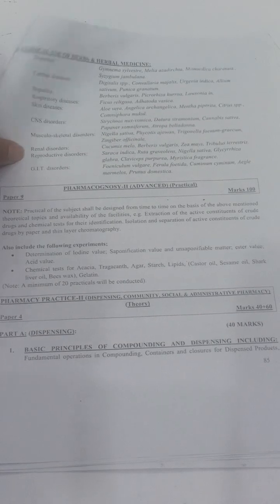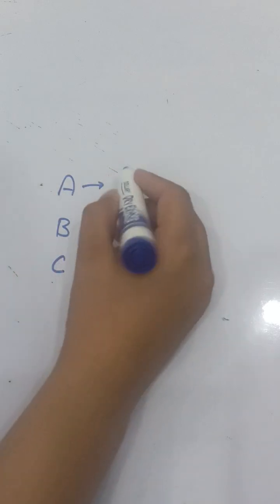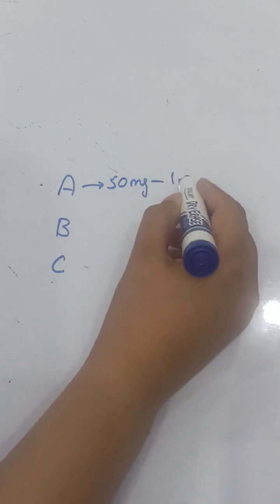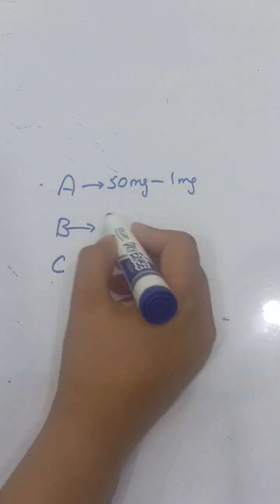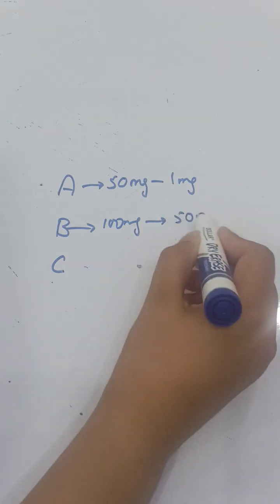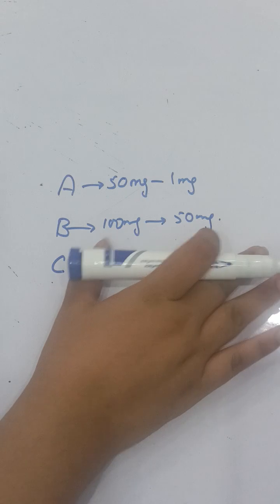So I think I should write it here. We have three classes of weighing balance: class A, class B, and class C. Class A measures from 50 mg to 1 mg, but class B measures from 100 mg to 50 mg. Okay, so I think we should keep the B upward.